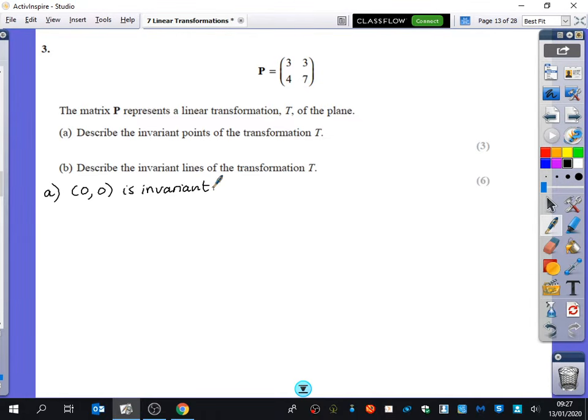Okay, so because it's invariant, we know that if you apply the matrix 3, 3, 4, 7 to an x, y coordinate, you should just get x, y.